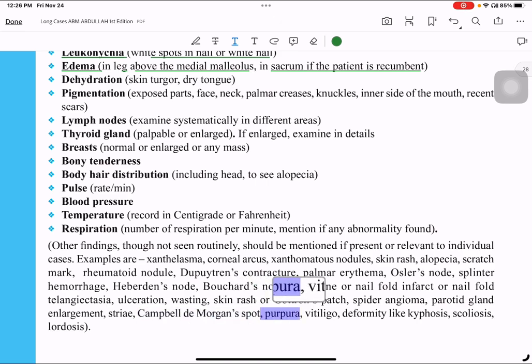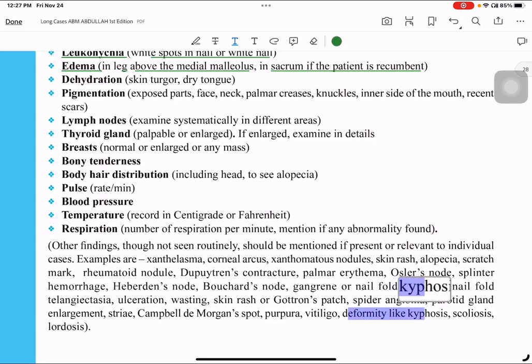The patient may have purpura, like Henoch-Schönlein purpura in the buttock. The patient may have purpura, or some clotting factor or coagulation factor abnormality, or vasculitis with some purpura. The patient may have some autoimmune disease and vitiligo.